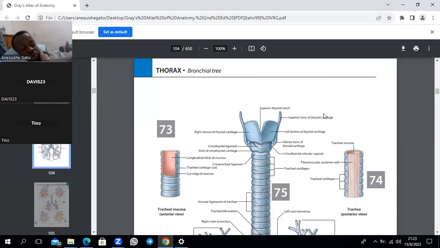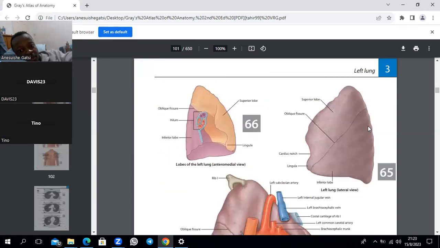So we just said that the lung has an apex. Once you mention an apex, the next thing is there's a base. The base for the lung, or basically the pleura, is where there is contact with the diaphragm. Before I do the bronchial tree, let me find another diagram first.